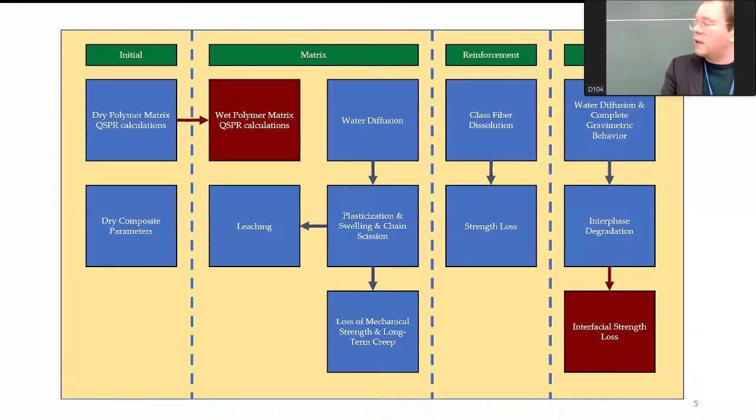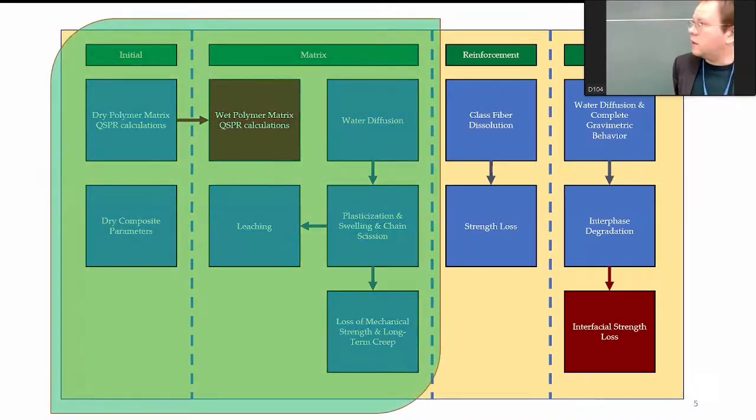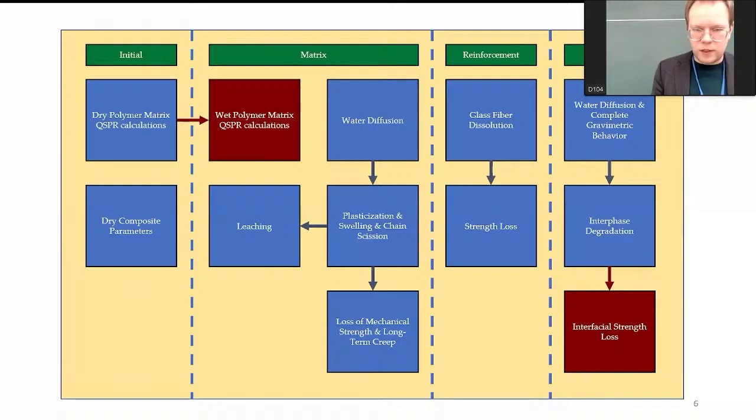So let's start. Mostly we concentrate on the polymers today. So I will talk about the processes which affect the polymer, and also show a bit of the interconnectedness with the other modules.